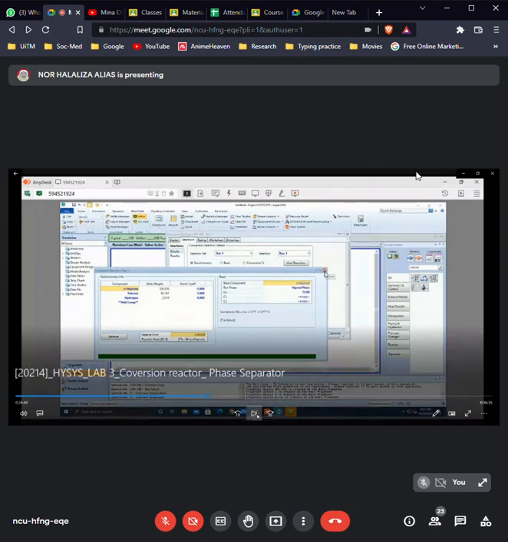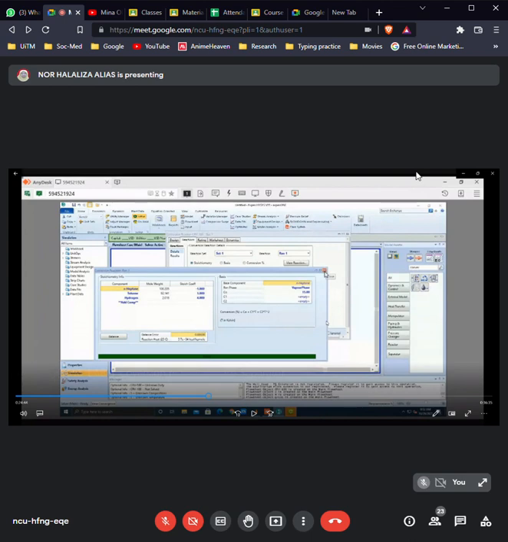Okay class, actually the instruction earlier was to connect to the reaction set. At the beginning we already did the setting for the reactor. So now, how do you connect HYSYS with the reaction you set at the start? How do we connect?